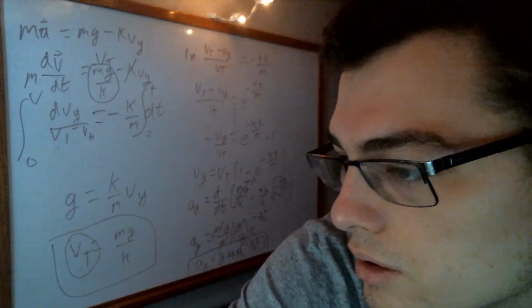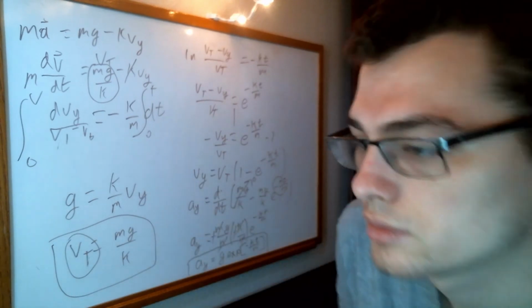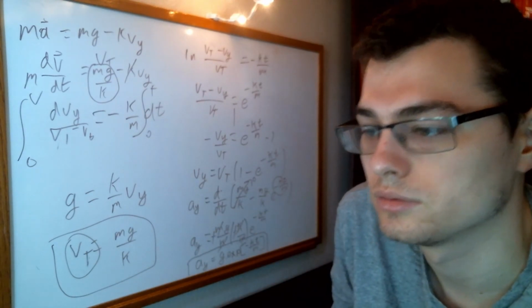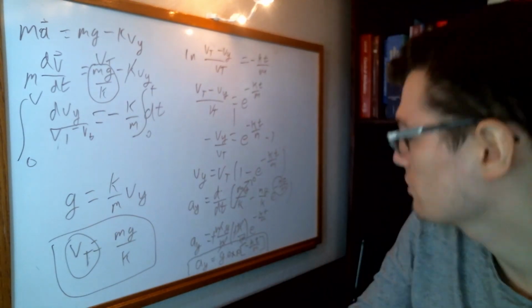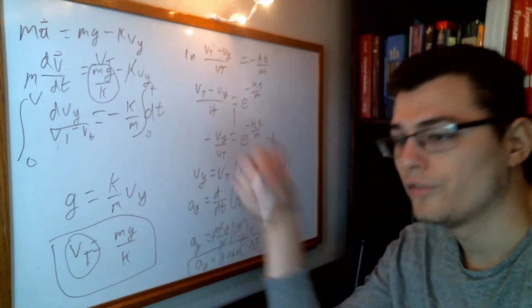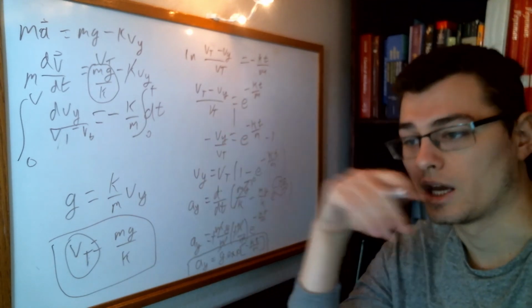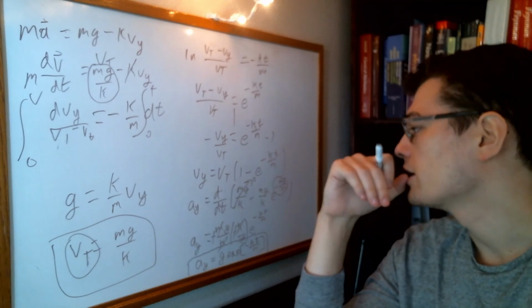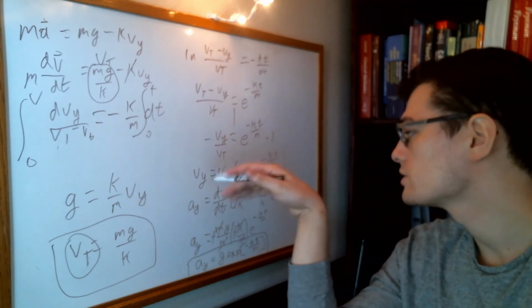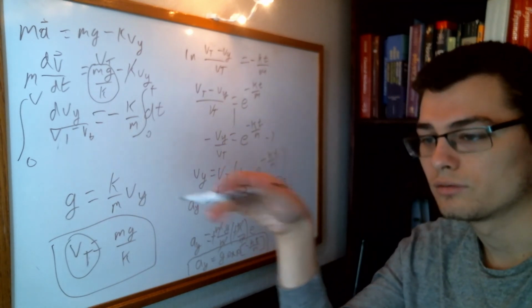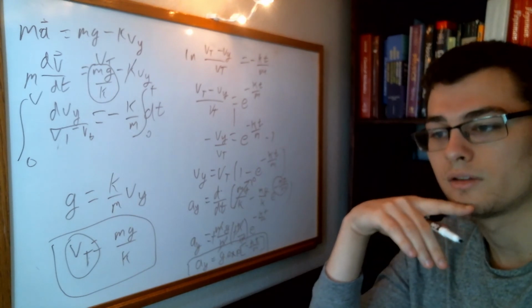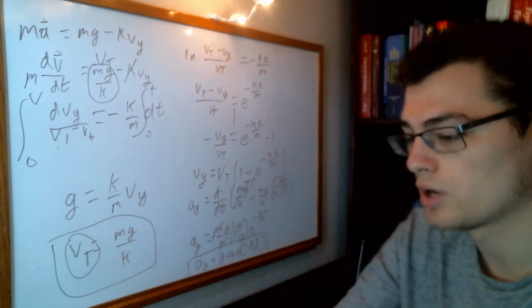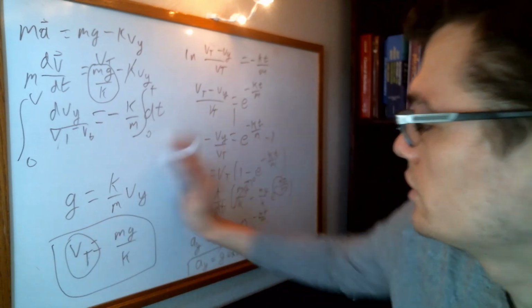And in addition, we can also take a second derivative of Vy, or we can integrate again by getting all of this on one side, and we can reintegrate and get the position as a function of y. So why don't we do that actually?